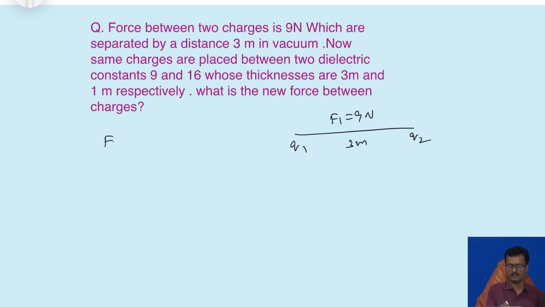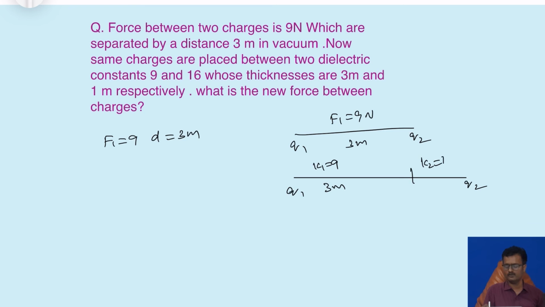So F1 is equal to 9, and distance is 3 meters. Now the same charges are placed in two dielectric materials: K1 is equal to 9 for 3 meters, and K2 is equal to 16 for 1 meter.